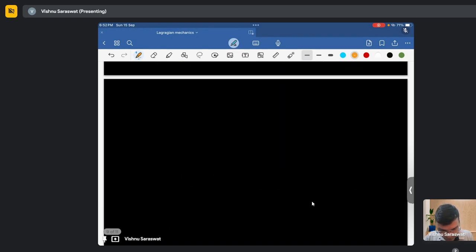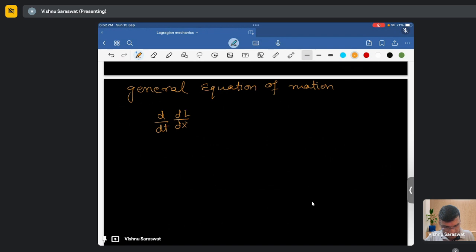The general equation of motion is written as the time derivative of the partial derivative of Lagrangian with respect to velocity, minus the partial derivative of Lagrangian with respect to position, equal to 0. This is given by Lagrangian.